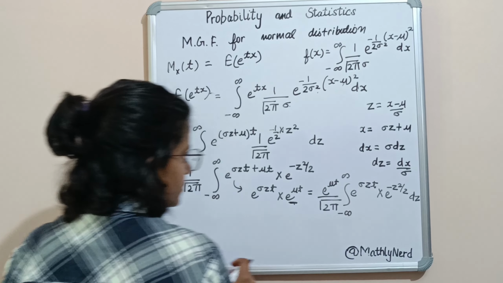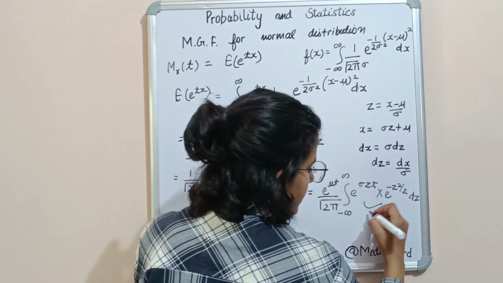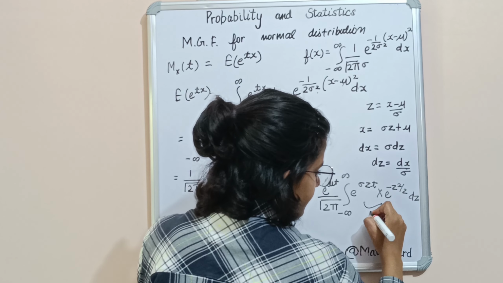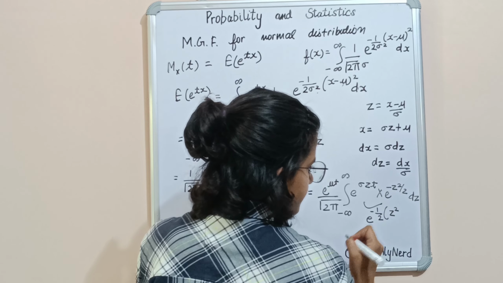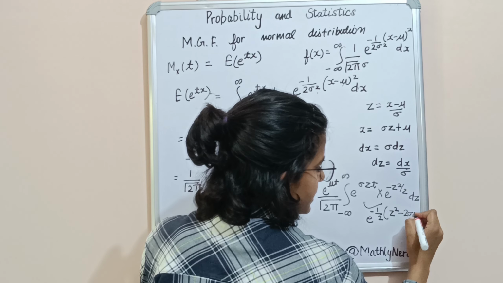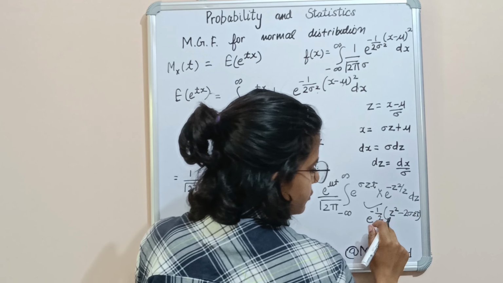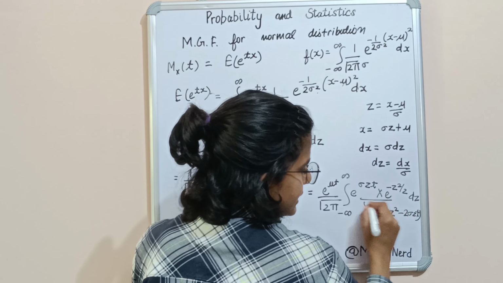Now we can write this as e raised to power minus 1 by 2 into (z square plus minus 2 sigma z t), because we have a minus outside.